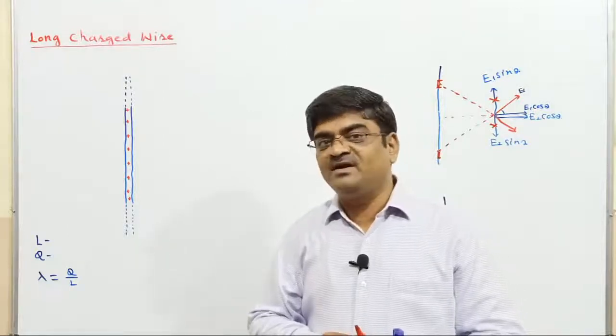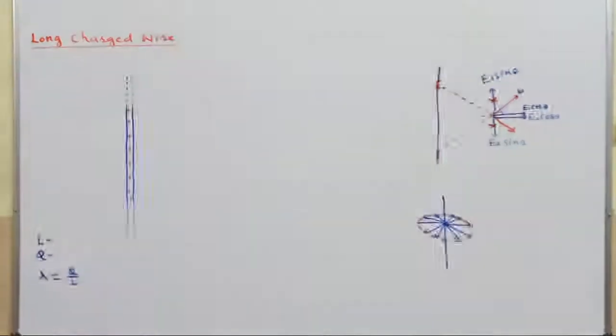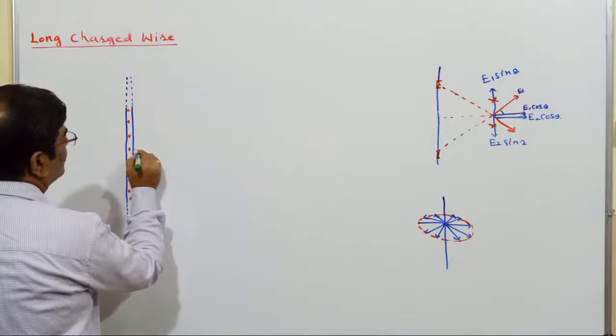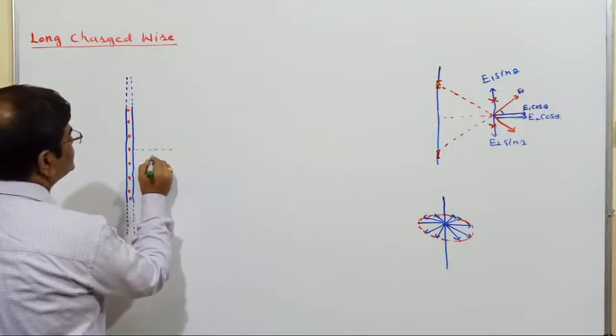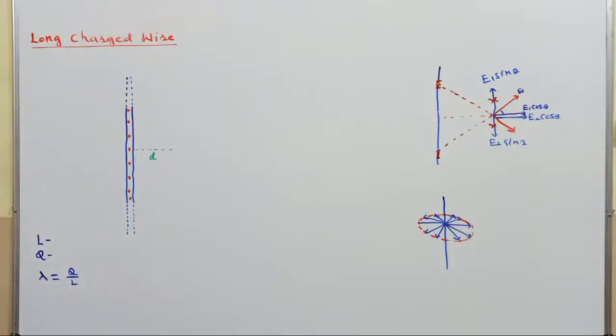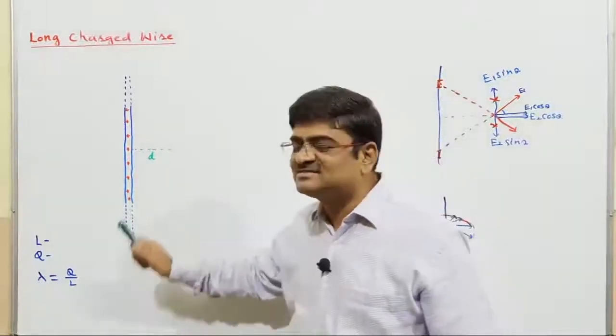Understand the point of interest. Which is your point of interest? Let me say, from this wire, I have a point P at a distance D from the wire. So my point of interest is at a distance D.